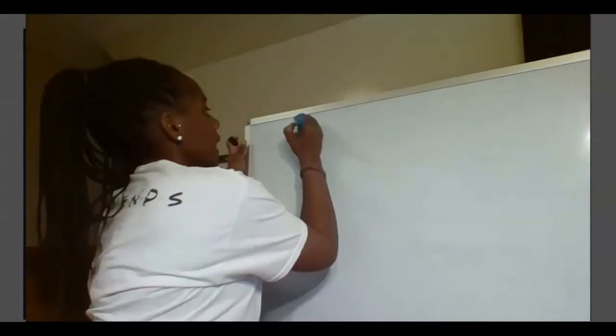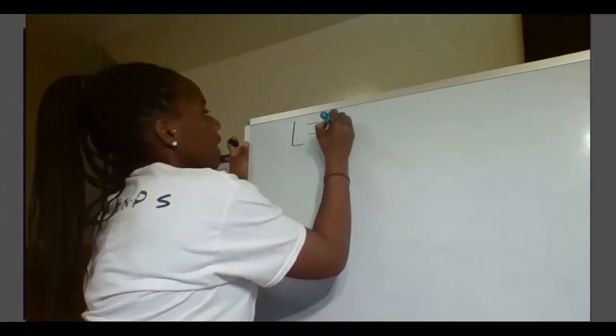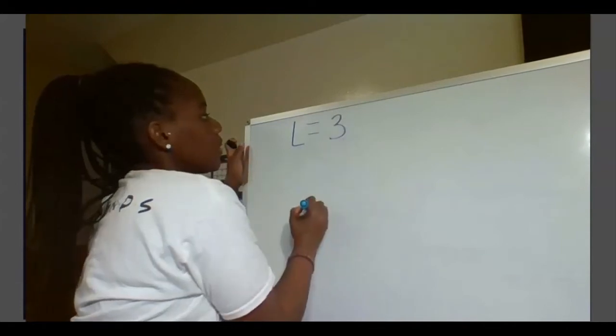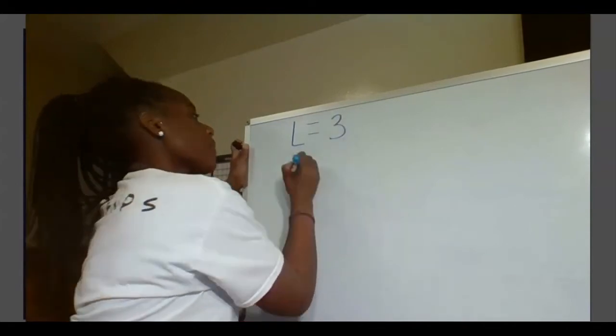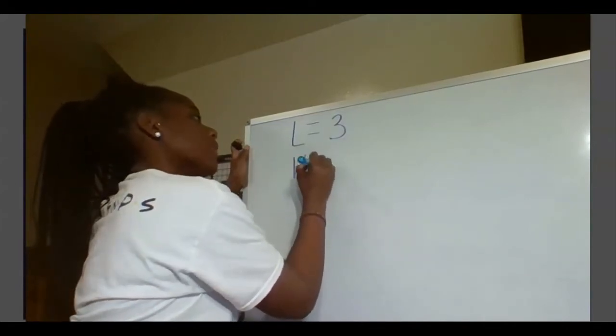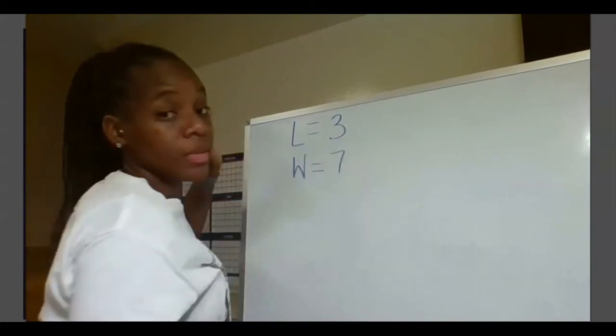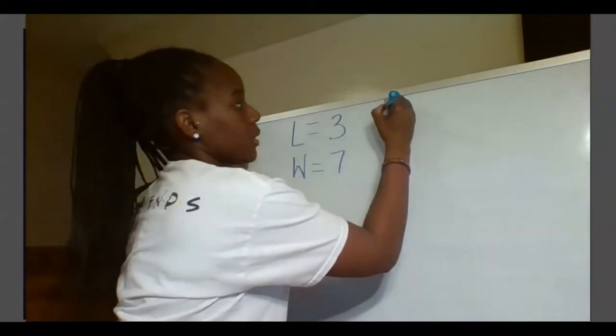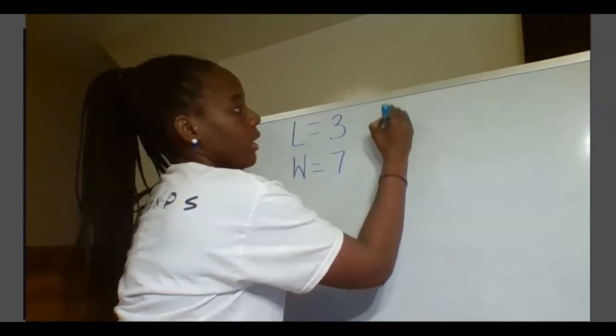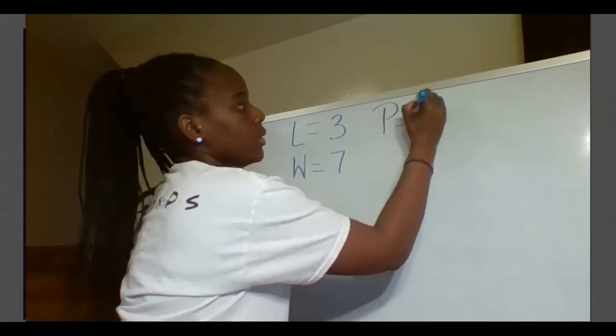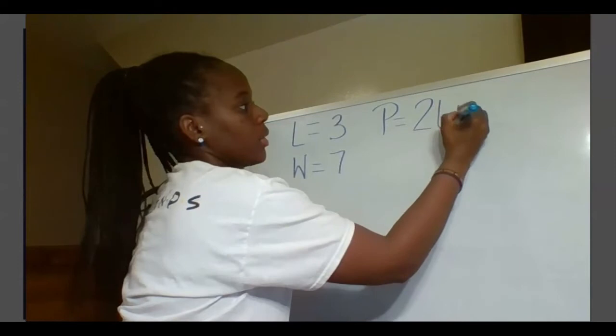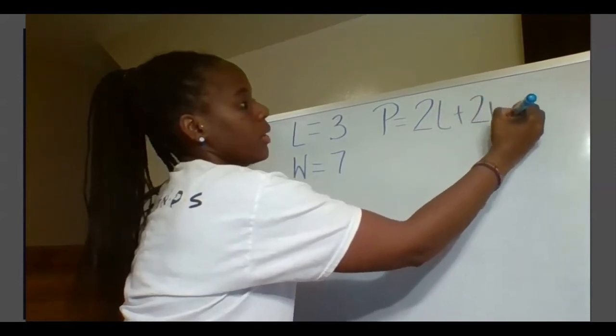So for the length, the dimension was 3, and for the width, the dimension was 7. So then we go ahead and plug this into our formula. P is equal to 2L plus 2W.